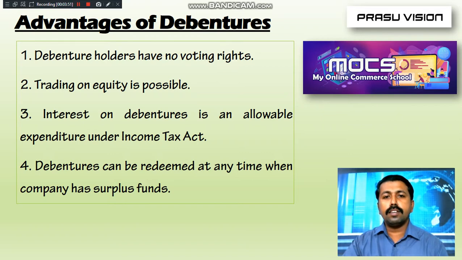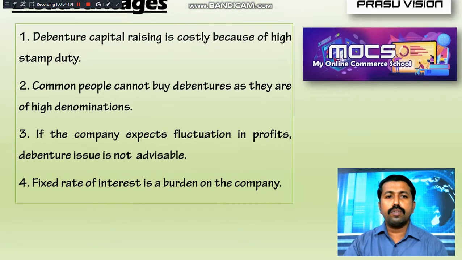Then interest on debenture is an allowable expenditure under Income Tax Act. They will get exemption from that. Then debenture can be redeemed at any time when the company has surplus fund. So these are the advantages of debentures.